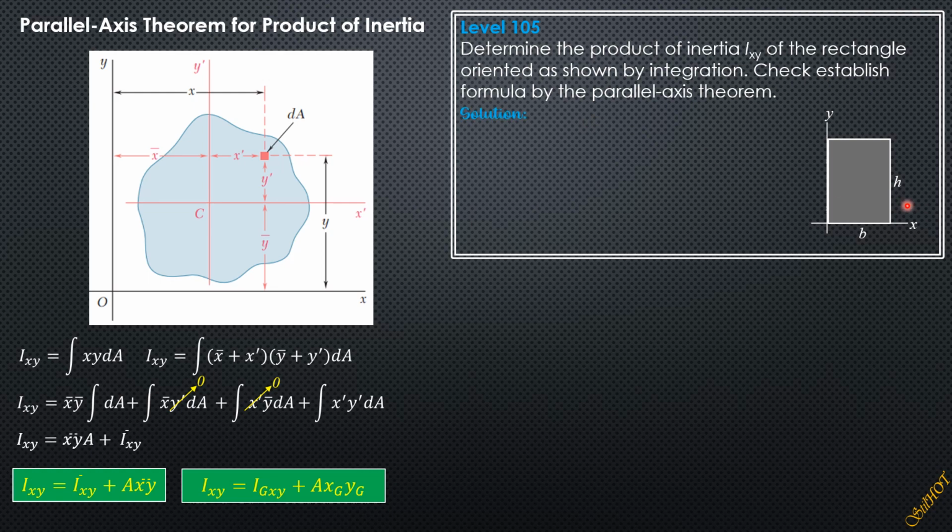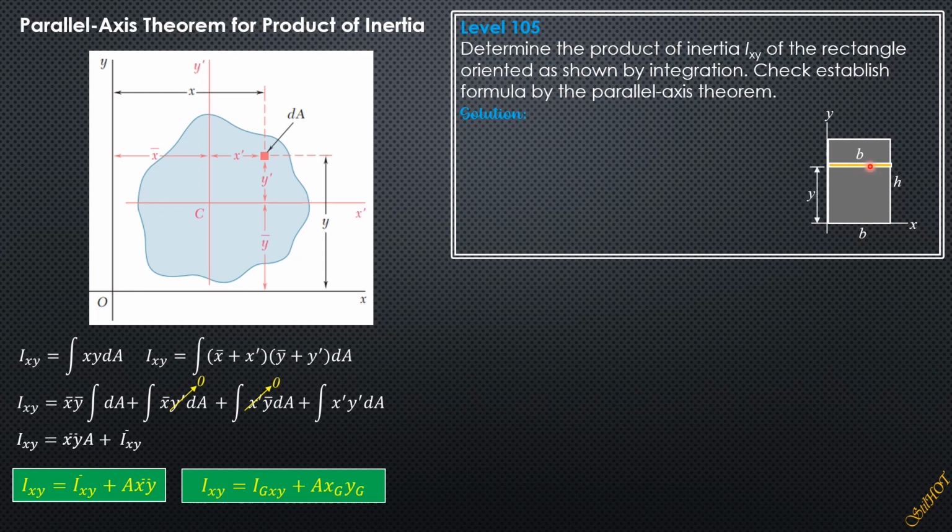So let's consider a horizontal strip for our solution. The length of the strip is b because the shape is a rectangle. For our expression, integral of xy dA, the distance of the centroid of the strip from the y-axis, which is x in the formula, is b over 2.